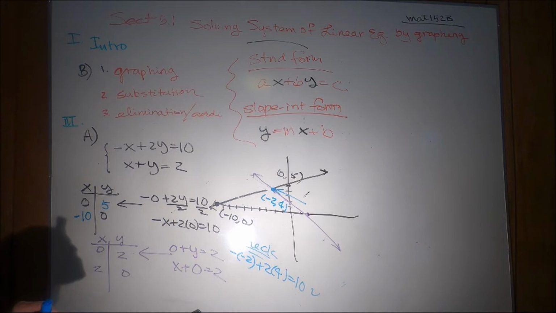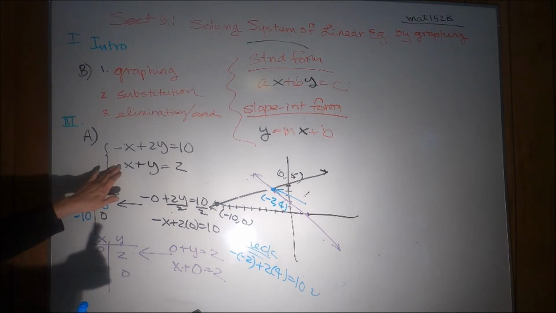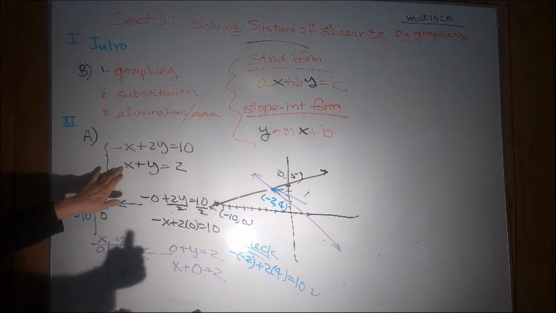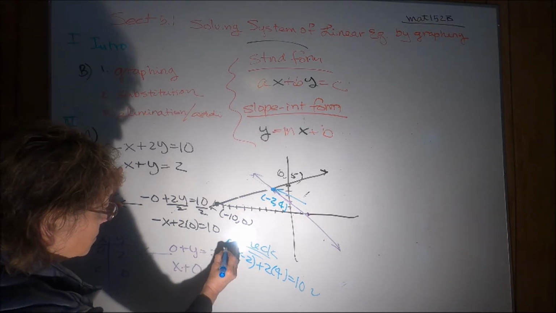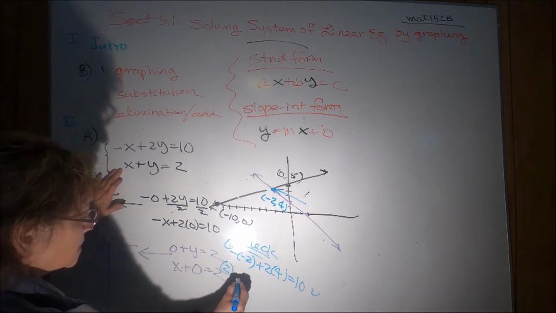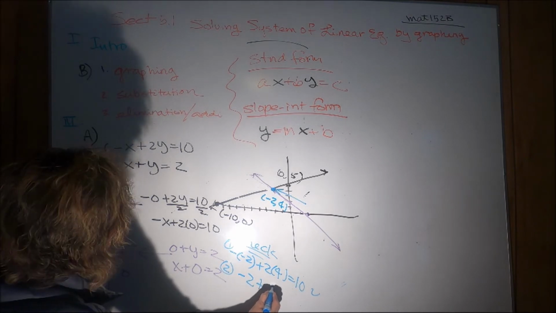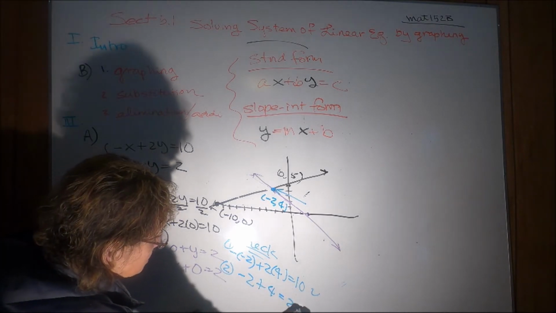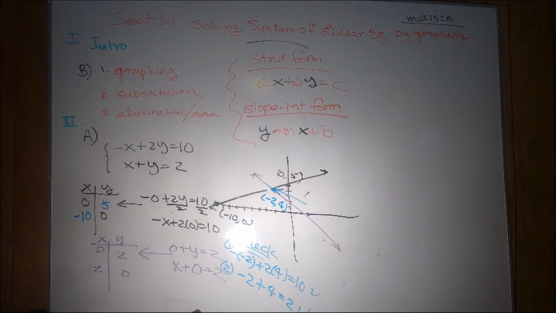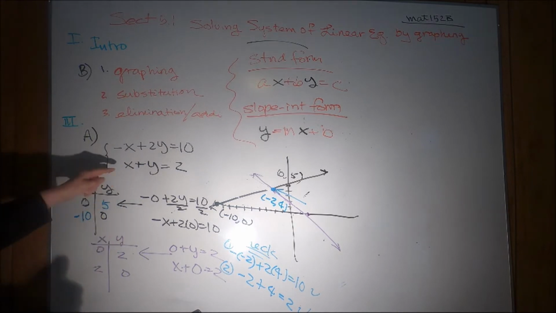Okay. See if it works for the second one. So second equation, we'll plug in -2 plus y is 4. Is that 2? Yes. Then we know it works for both, right? That's how we decide whether or not the points are on the line, by plugging in.